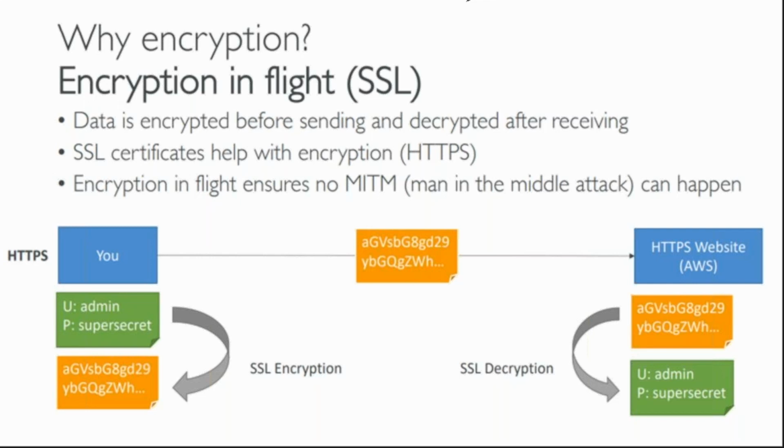The SSL certificates are what help us with the encryption. Another way to see it is HTTPS: anytime we deal with an Amazon service and it has an HTTPS endpoint, that guarantees us encryption in flight, and the whole web needs to run on SSL and HTTPS.